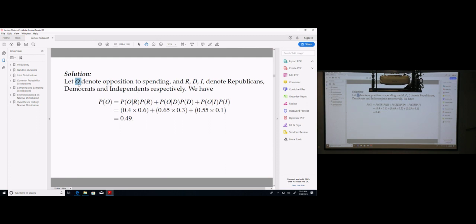In my case, sometimes people might think there's a D. But this is nice because R stands for Republican, D for Democrats, and I for Independent, so it's self-explanatory. We basically follow each branch, and it's exactly 49%. So it's almost like 50-50. If you pick randomly from one, it's either yes or no, with close to 50%.